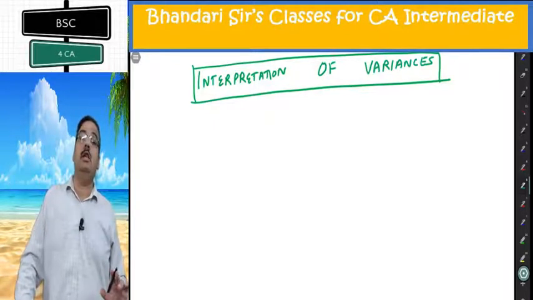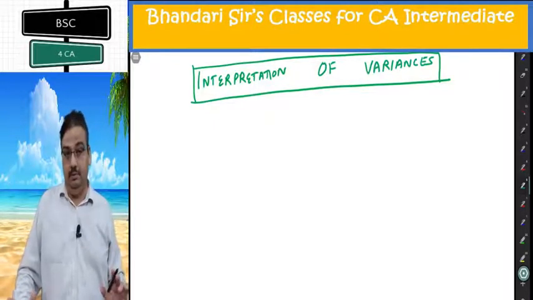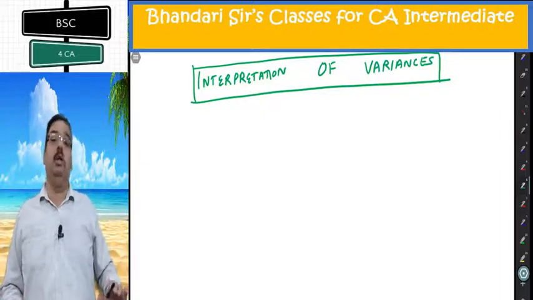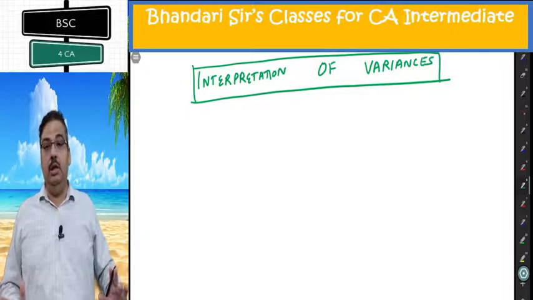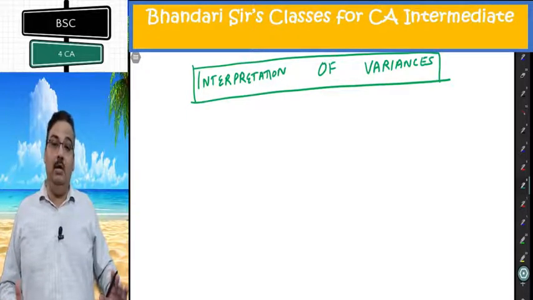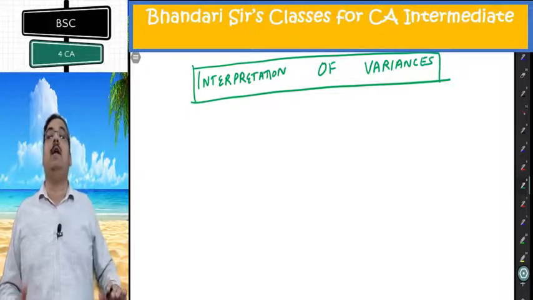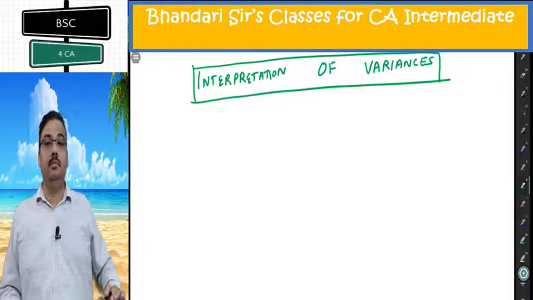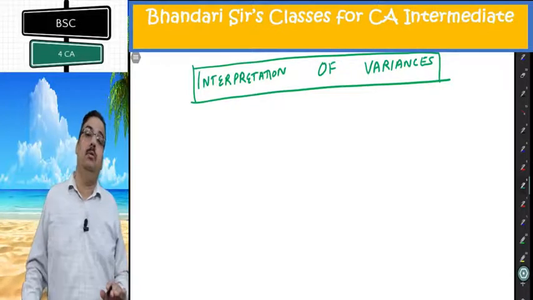Which variance is caused by what reason and who can be responsible for that particular variance. So, we are going to study all the reasoning, and while doing that, we will be repeating and revising all the 6 tables that you have studied in last classes. So, I am starting one by one.